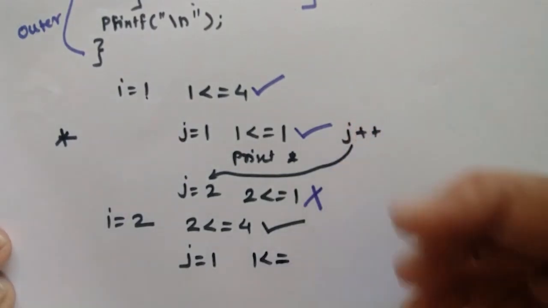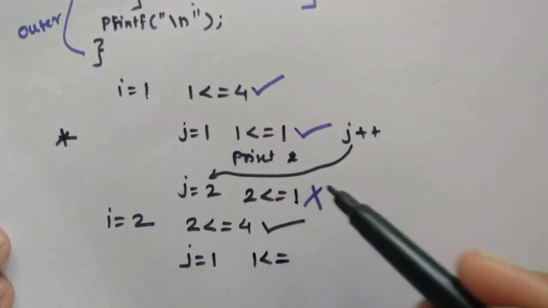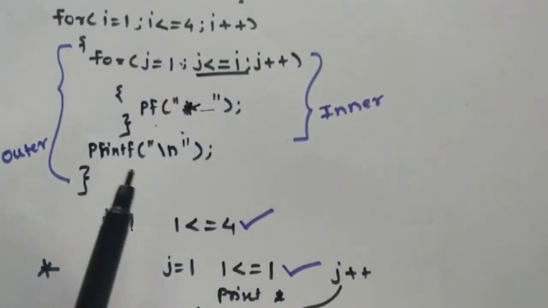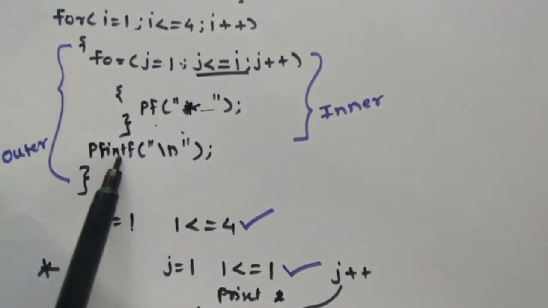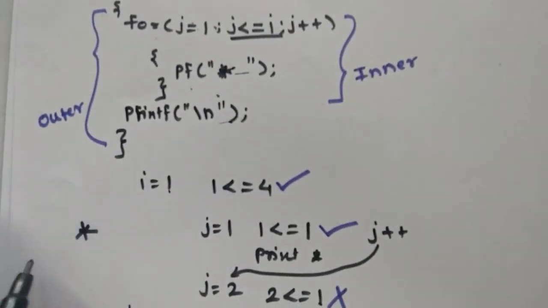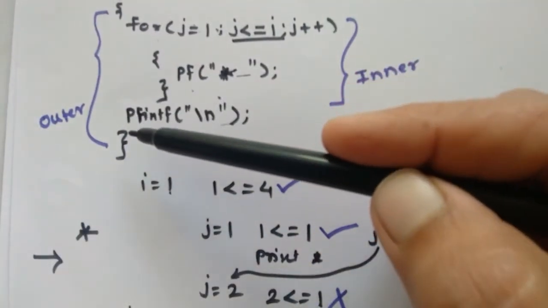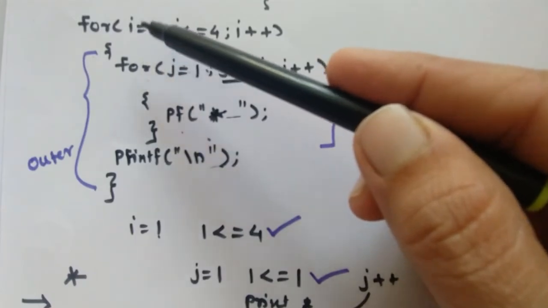See, when we jump out from this loop, here is a printf \n used in the program. What is the meaning of this \n? Now you are at the second line. Now we are executing for I equals to 2.